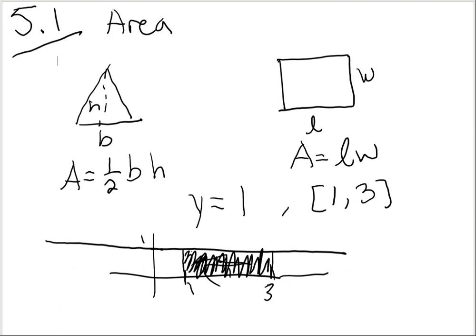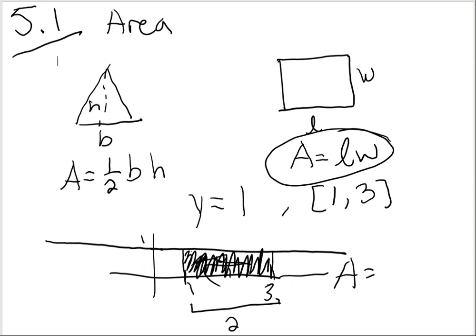So can I find that area? Well, that's a rectangle, so I sure hope so. So we had length times width. I'll say a width of 2, and a length of, how high is it? 1 unit. So the area is 2. Okay, so that's straightforward enough. We have a rectangle, we use the same methods.